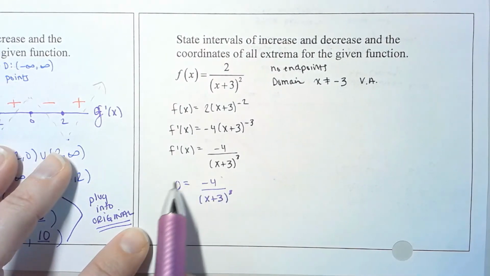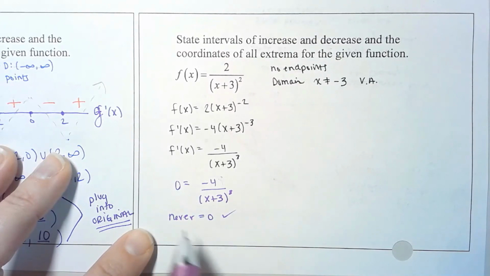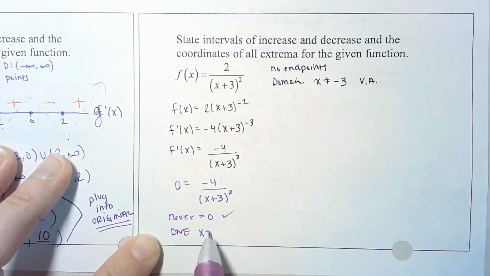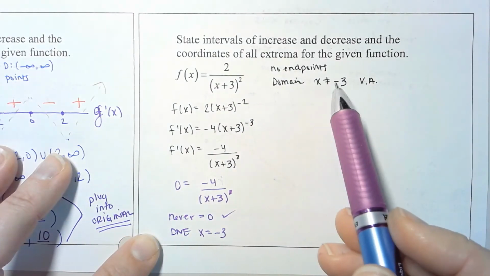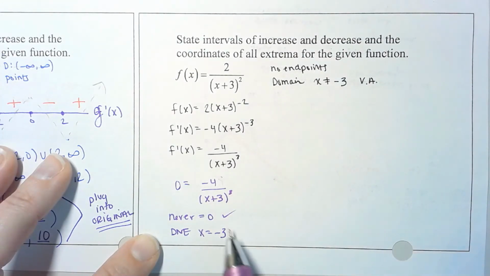Right? Well, does this fraction ever equal 0? No. Never equals 0. But where does it not exist? Well, there's a problem in the denominator at -3. You know what? That does not surprise me. We had a problem at -3 from the beginning, so it doesn't surprise me that it's still a problem.